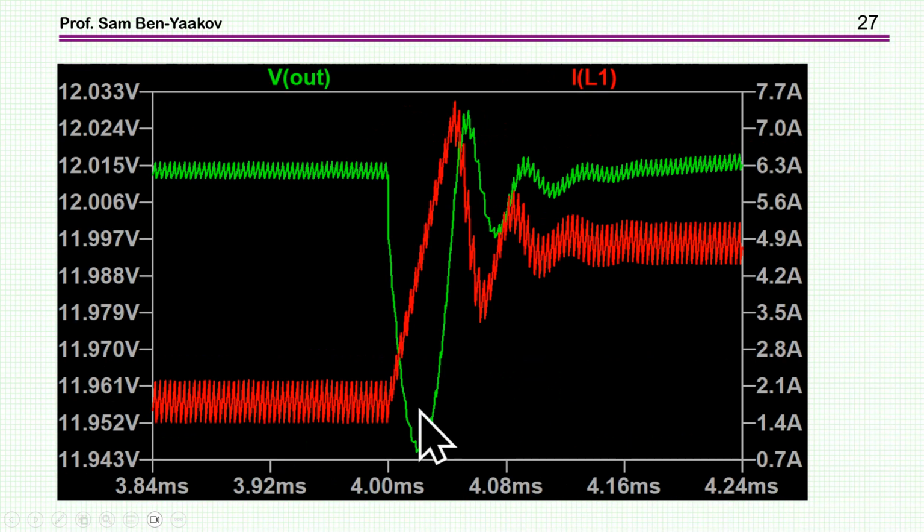And here I'm showing it in a close-up. We see that the capacitor voltage is going down. The inductor current is rising relatively slowly because there is a limited voltage here, and then it goes up. At this point, the inductor current is about the same as the load, okay, but the voltage is low, so therefore there is a need for more current, and the current is increasing.